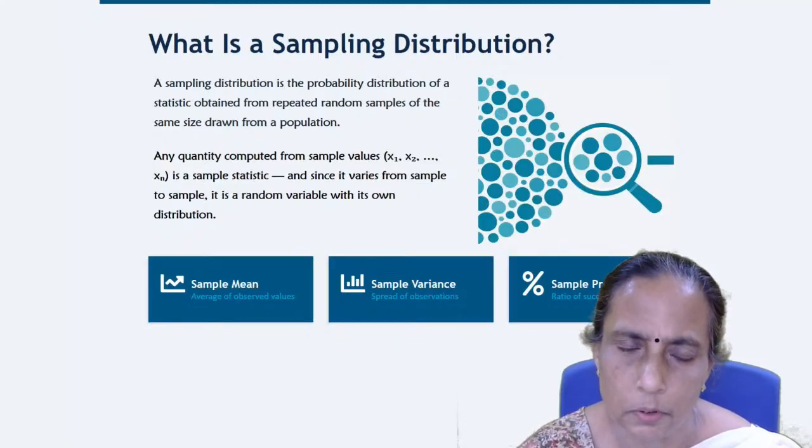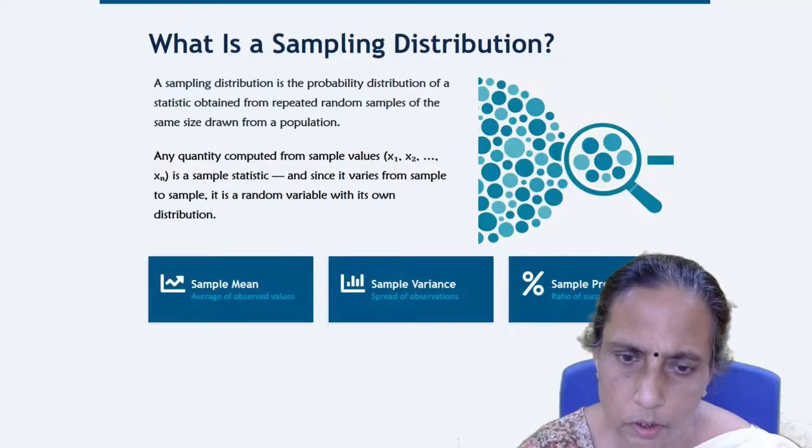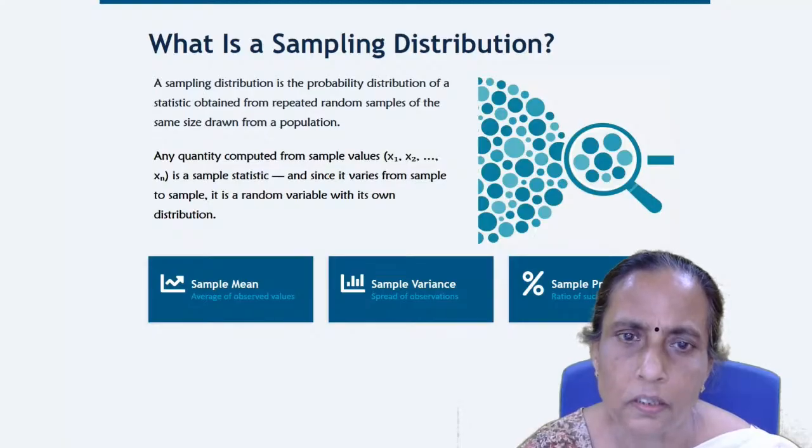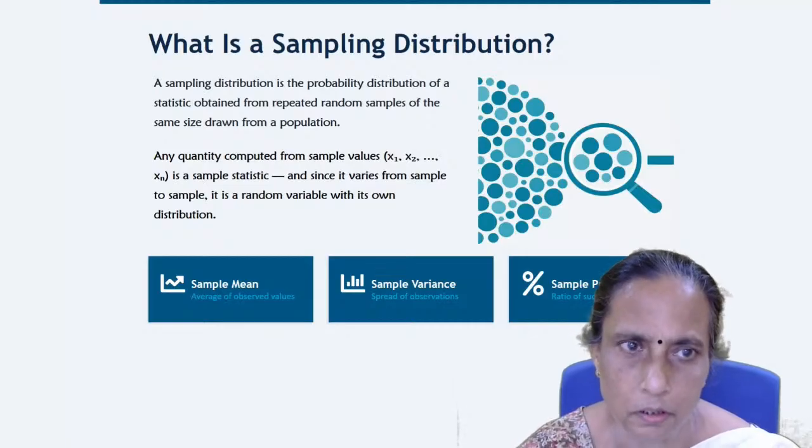So, your sampling distribution is a probability distribution of a specific statistic. Suppose we have drawn several samples, with sample values like x1 to xn. The mean of it is a sample statistic, the variance of it is a sample statistic.